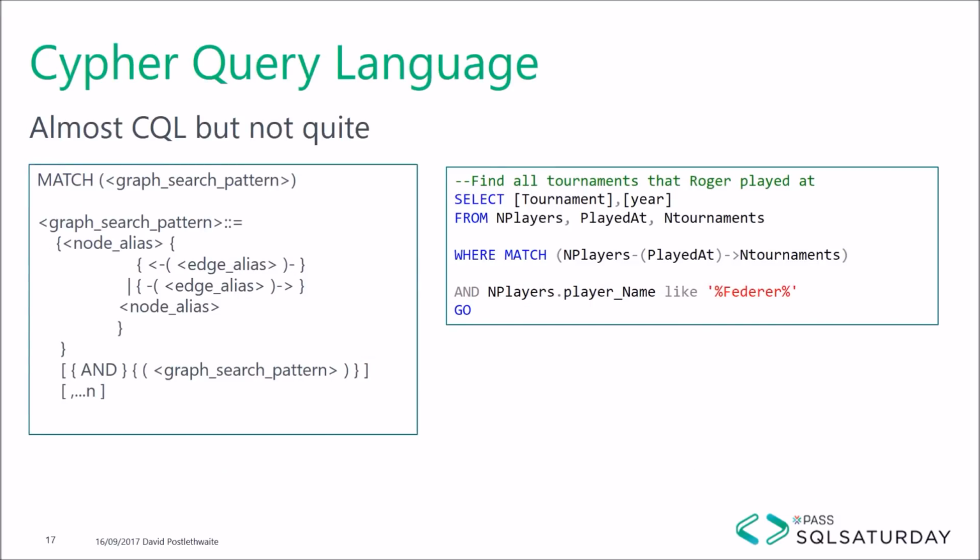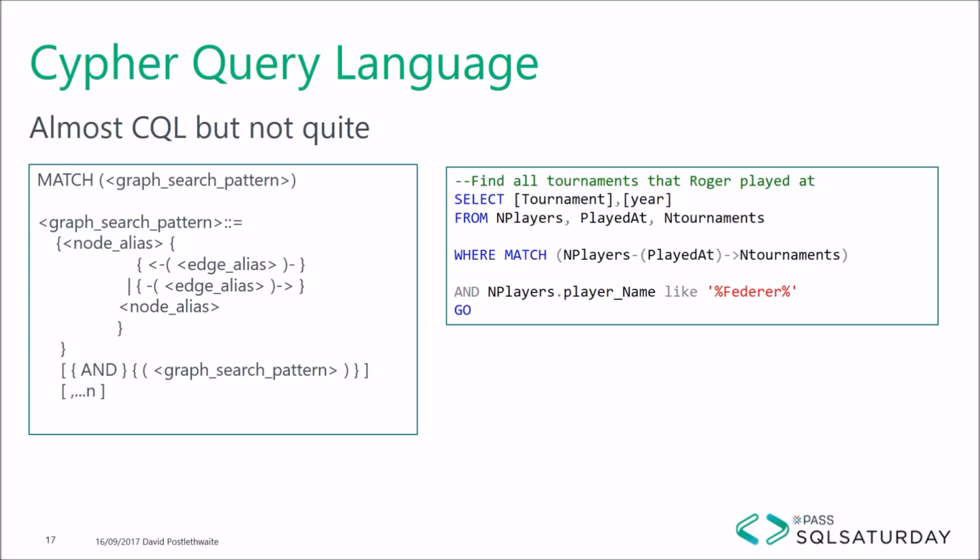We have one new command in SQL which comes from the Cypher Query Language, or CQL. CQL was originally developed by Neo4j, and in 2015 it was made open source, and since then it has become the default language for virtually all graph databases.